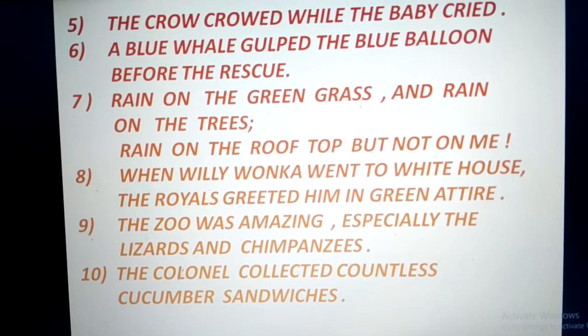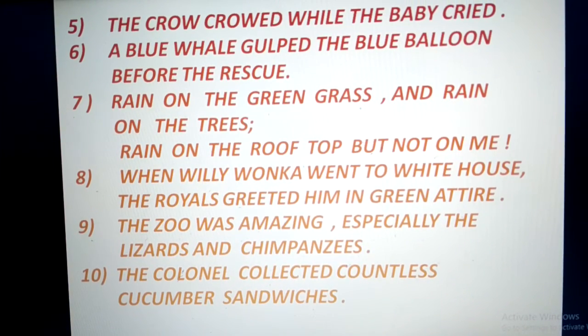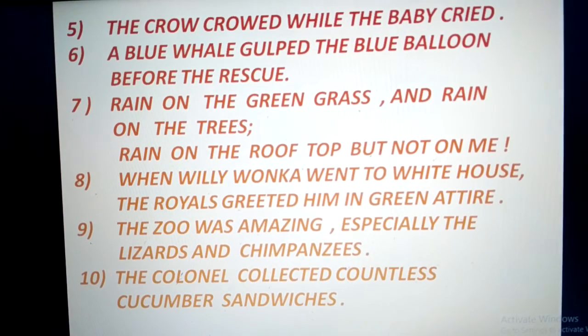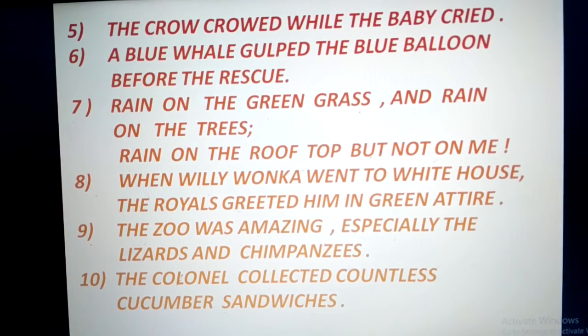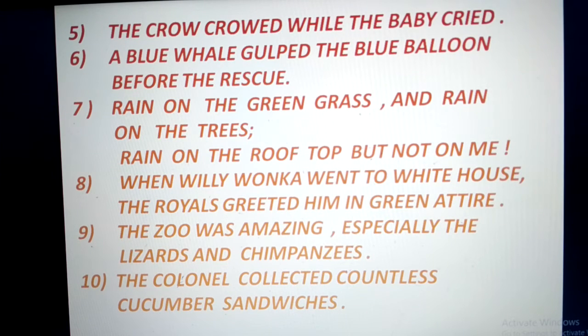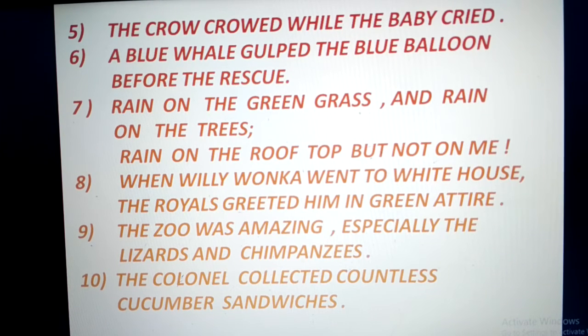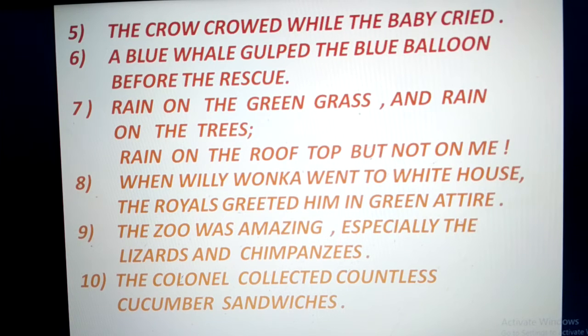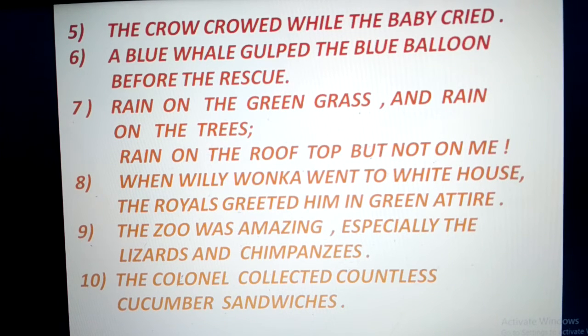The crow crowed while the baby cried. A blue whale gulped the blue balloon before the rescue. See the use of the sound of B in the sentence. And here comes the song which you already learnt years ago. Rain on the green grass and rain on the trees, rain on the rooftop but not on me.